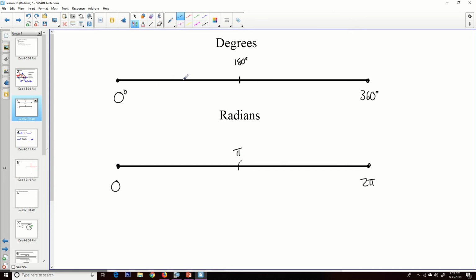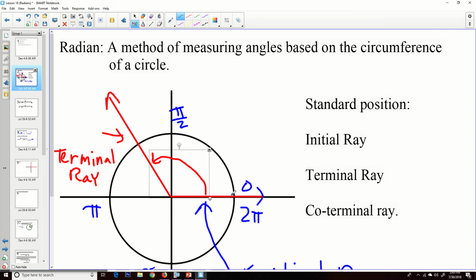If I cut it in half again, halfway between 0 and 180 is 90 degrees, and halfway between 0 and pi would be pi over 2 radians. A 90-degree angle is a right angle, and in radians, pi over 2 would be that right angle.